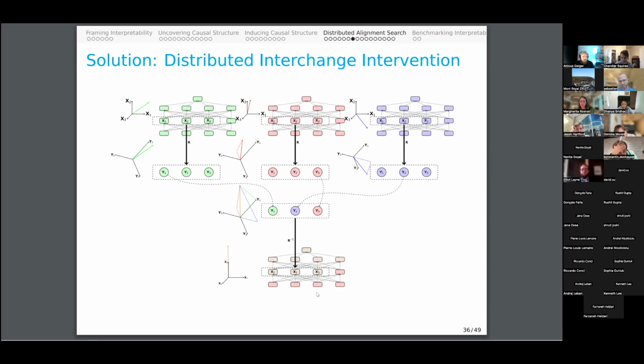So broadly, this notion of a distributed intervention doesn't have to just be for rotations. If you have any invertible function that brings you into some new variable space, you can apply the invertible function, do your intervention, then apply the inverse of that function to get back to your original variable space. That's just a coherent intervention operator you can define on causal models.